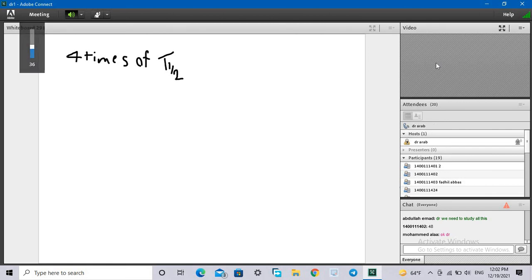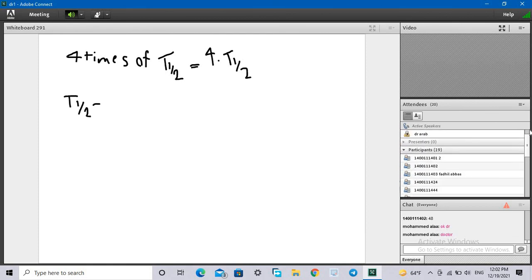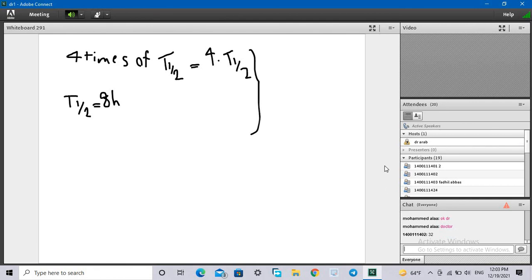If we summarize this equation, it is 4 multiplied by the half-life. If the half-life equals 8 hours, we can conclude 4 multiplied by 8 is 32 hours to reach the maximum amount of the produced daughter radionuclide. Do you understand?